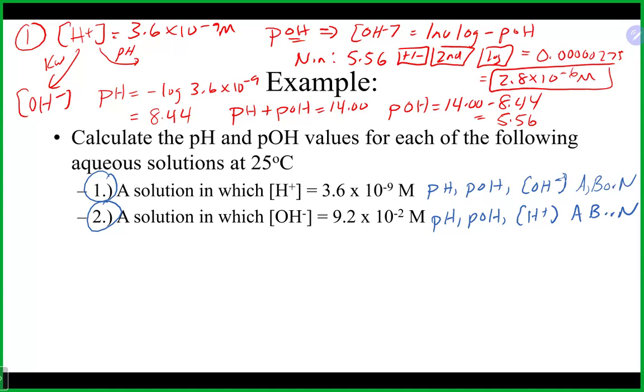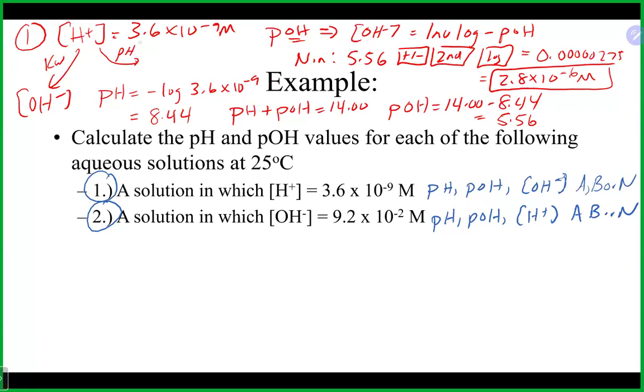Once again, that should be pretty much the same number you get if you use KW, which would be 1 times 10 to the minus 14 divided by 3.6 times 10 to the minus 9, which is the H plus concentration. And you should get the same number if you chose the KW way as well. Same idea.